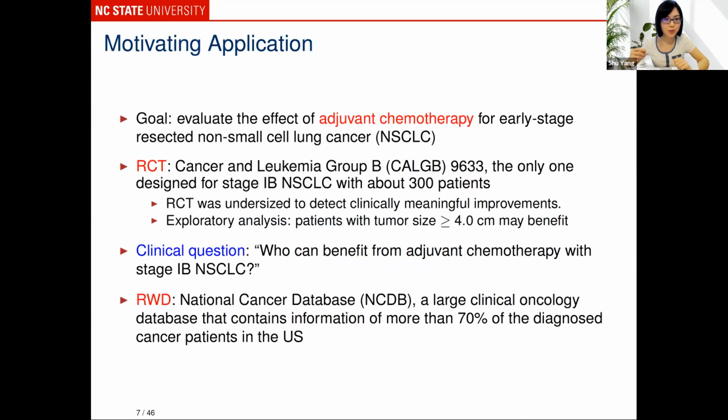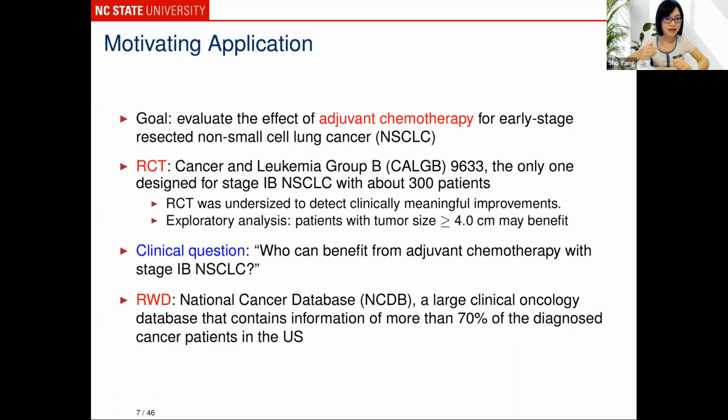So the trial was undersized to detect any clinically important improvement. Some secondary analysis showed that patients with tumor size greater than or equal to 4 centimeters may benefit from this adjuvant chemotherapy. So an important clinical question remains, who can benefit from adjuvant chemotherapy with early stage disease? And the trial alone cannot answer this question with great accuracy.